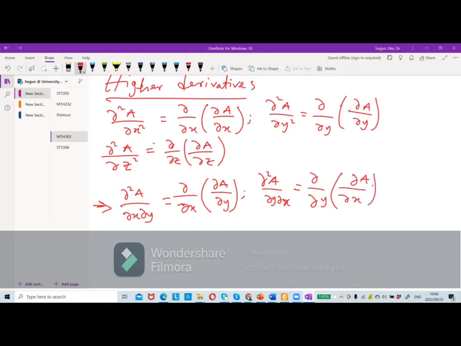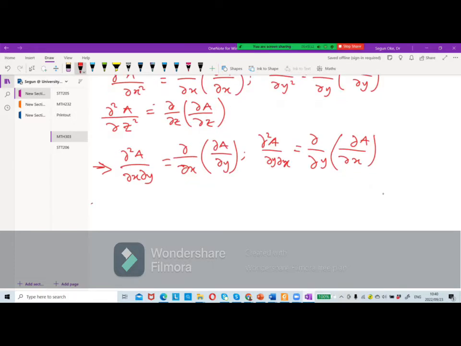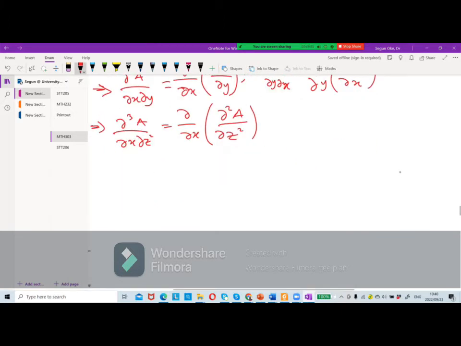The same thing if you have 3, if you have 4, if you have 5, you just make sure you take it one after the other. So before you know it, you finish the differentiation like that. So now let's look at the rules that govern this partial derivative.